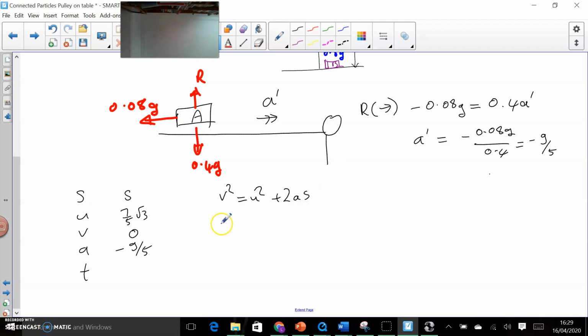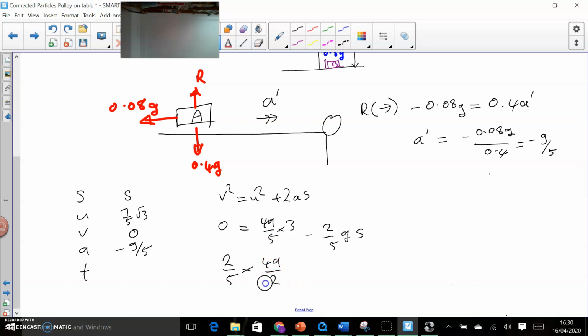So we have 0 equals U squared, which is 49 over 5 times 3, squaring 7 over 5 root 3, plus 2AS, so it would be minus 2 over 2G over 5, so minus 2 over 5G times S. So G is, of course, 9.8, so that's 2 over 5 times 9.8 is 49 over 2.